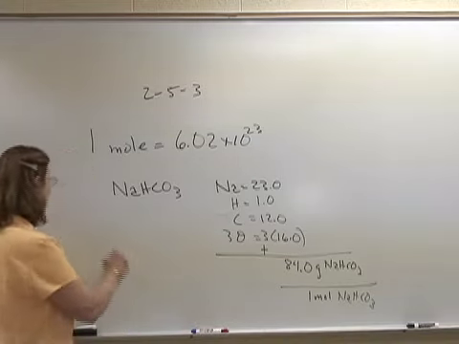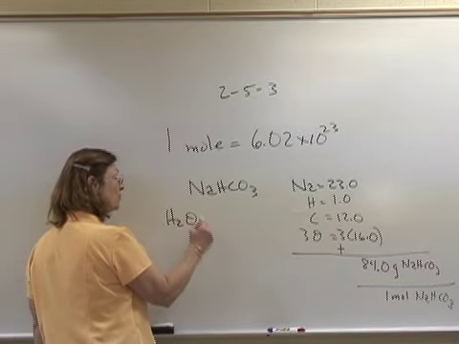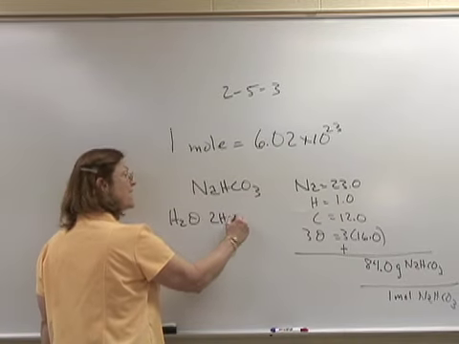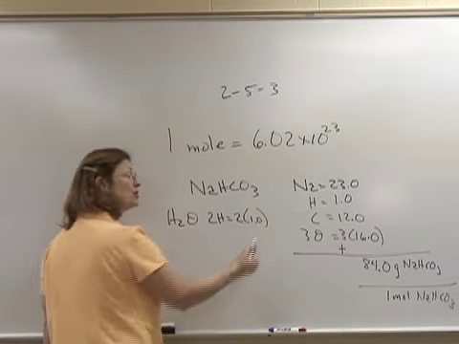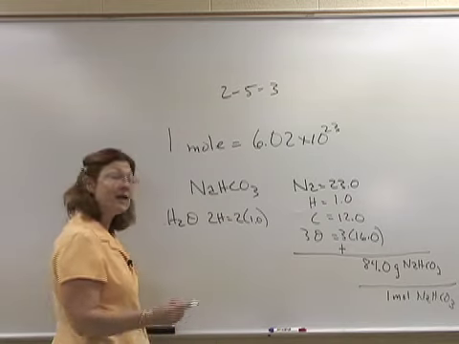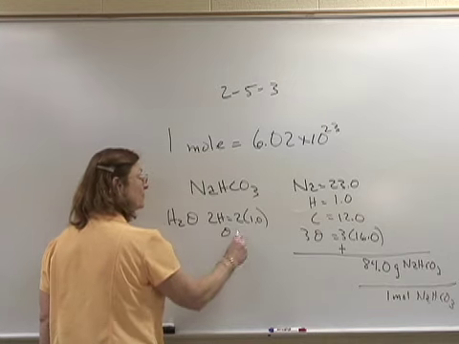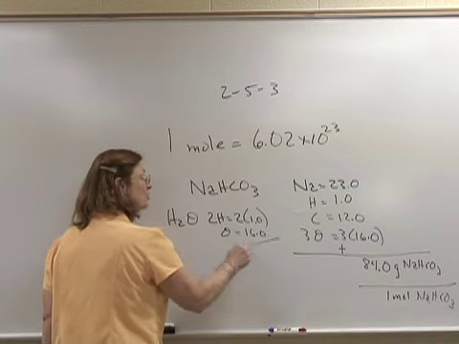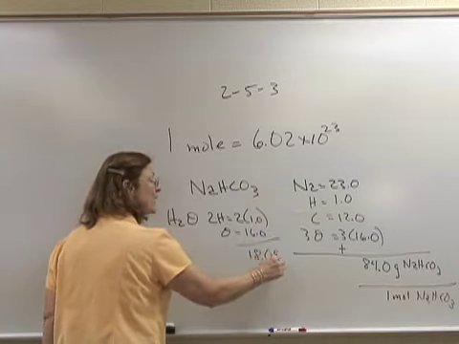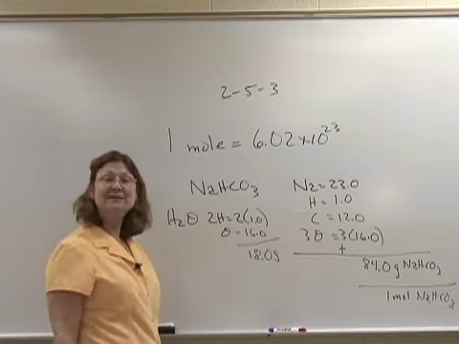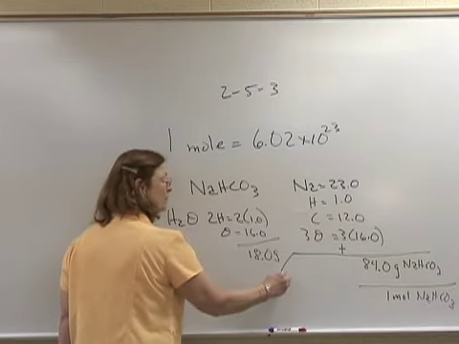If I were talking about water, H2O, there are 2 hydrogens, and each hydrogen has a mass of 1. And oxygen is 16.0. So if I have 18 grams of water, I will have exactly 1 mole.